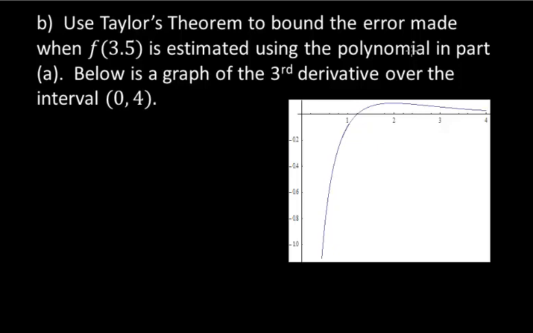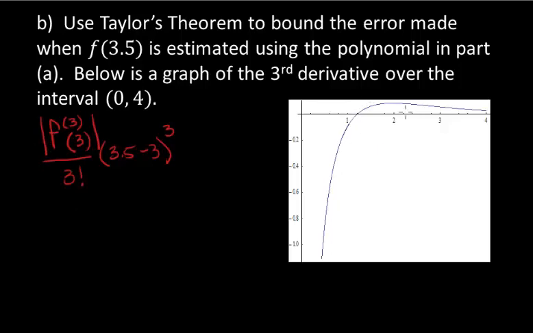So if we can get a bound on the third derivative at 3 over 3 factorial times x minus, well, 3.5, here I'll write it, 3.5 minus 3 cubed, then we will have an estimate, an upper bound on the error. But first we need absolute value signs there. First we need to get an upper bound on the third derivative.